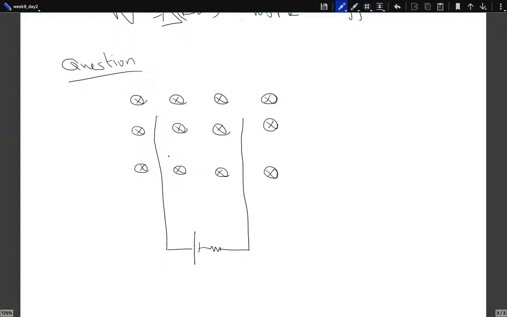And on these rods, we have another conducting rod, but that is free to slide.